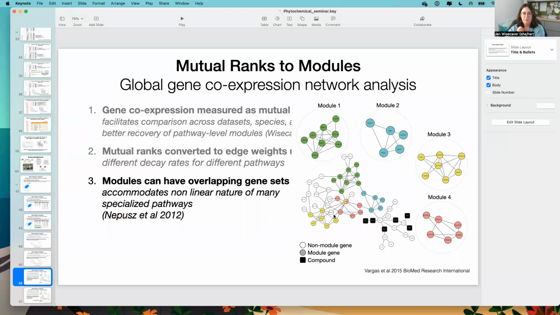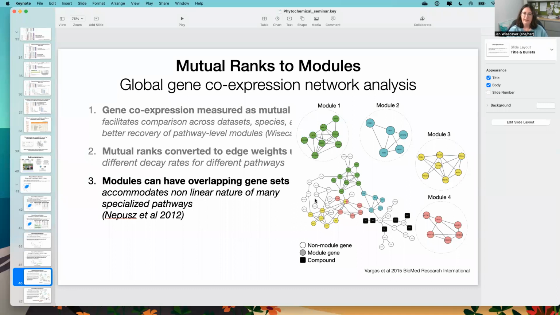Here is an example of what it can do. It can bin genes into multiple modules. Can you see my cursor? Yes. Okay, great. Here is a gene that has been binned into module 3 and module 4 because it's in the intersection of those two overlapping modules. And a lot of genes are not assigned to modules at all.